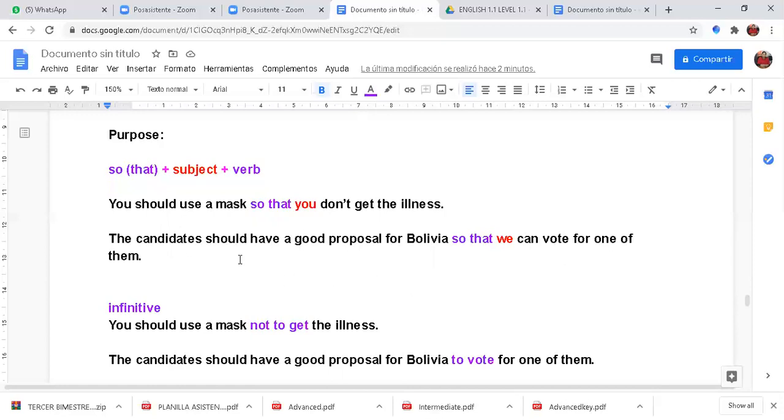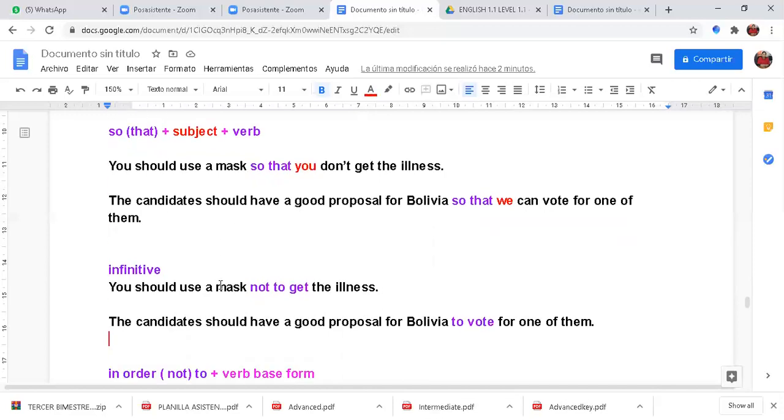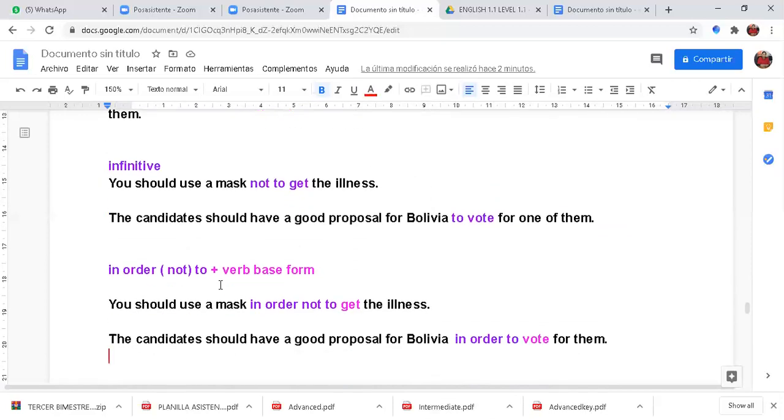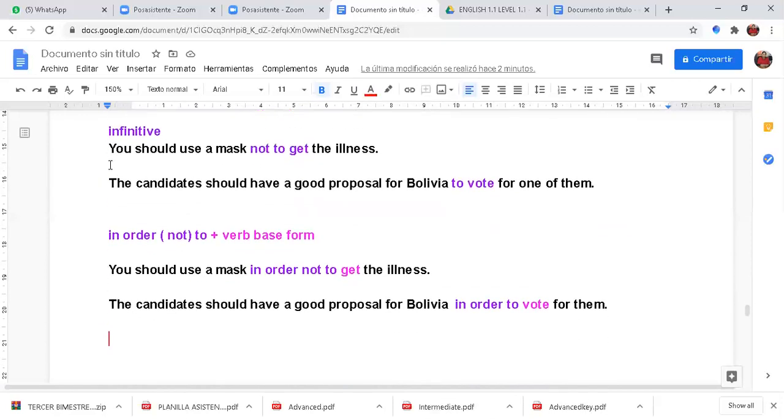Now, these two examples I will use with infinitive too. I want you to notice that. You should use a mask not to get the illness.